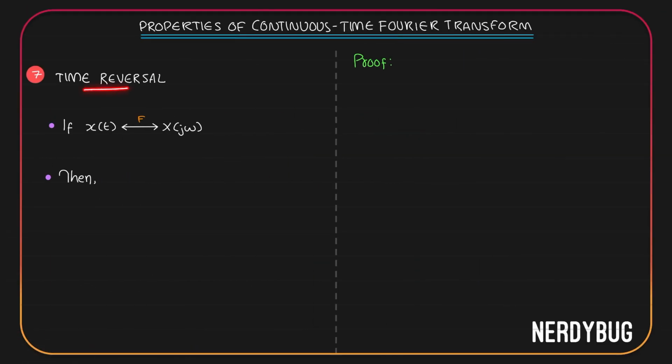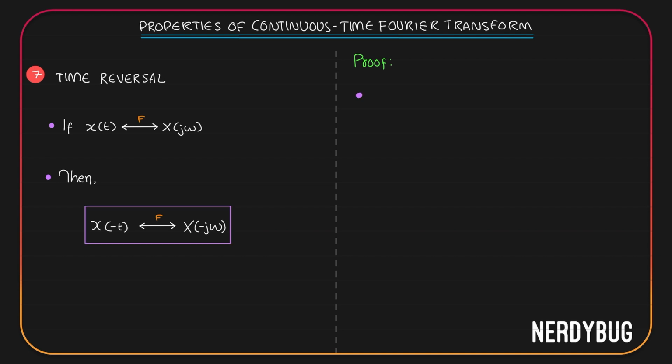The next property is time reversal. If x of t and X of j omega are a Fourier transform pair, then according to this property, the Fourier transform of x of minus t will be X of minus j omega.